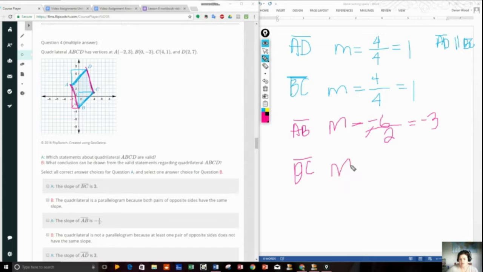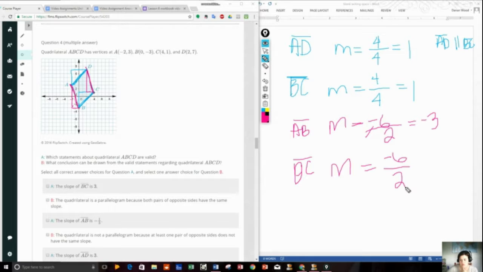Alright, now let's find our slope for DC. Alright, we have 1, 2, 3, 4, 5, 6, and it's negative since we were counting downwards, and we're going to count our horizontal distance or our run. 1, 2.